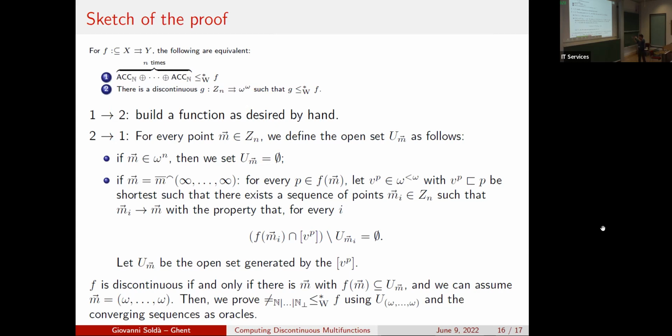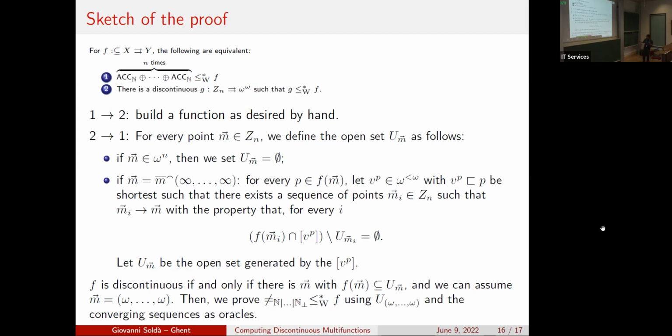Or maybe you get to hit the image of this limit point, but the price you have to pay is that you will necessarily land in points that are bad for something in the sequence converging to you. Sorry, it's a bit convoluted, but the idea is to go down the rank of points in your domain and say that either you're bad, or even if you're not bad, you're forcing some points before you to be bad.